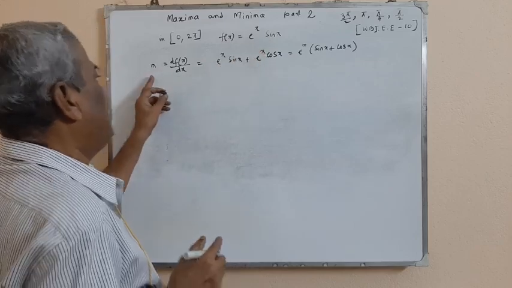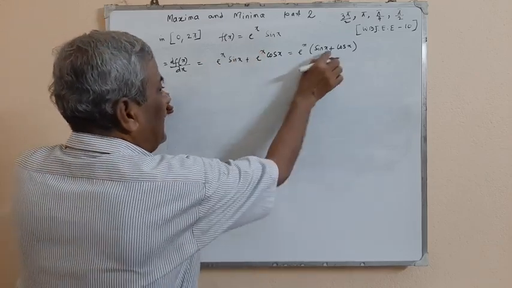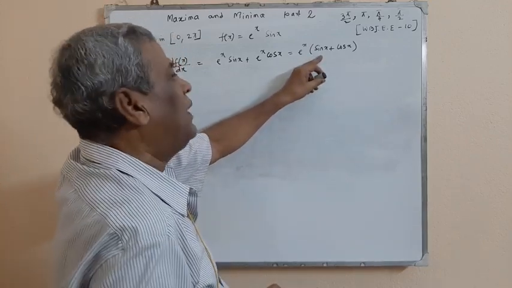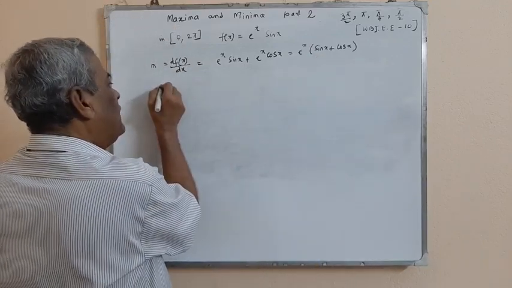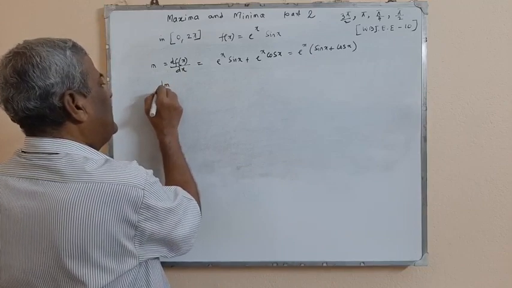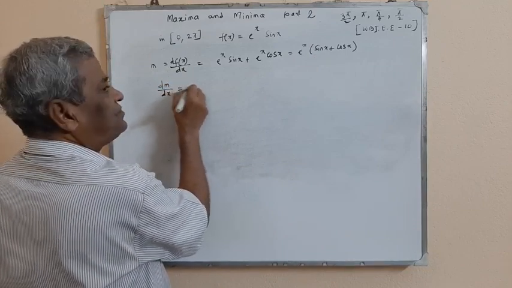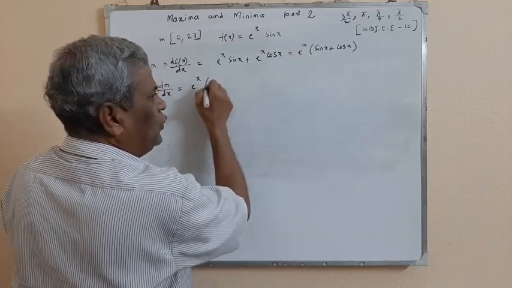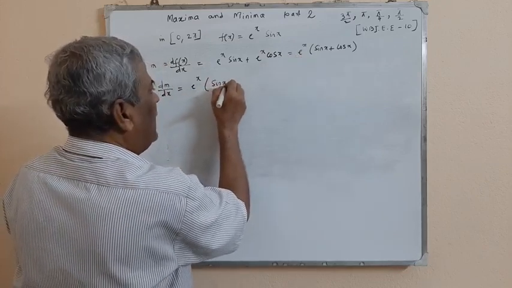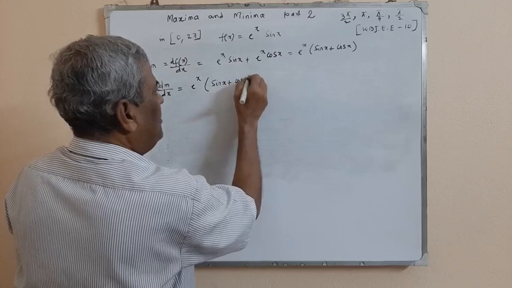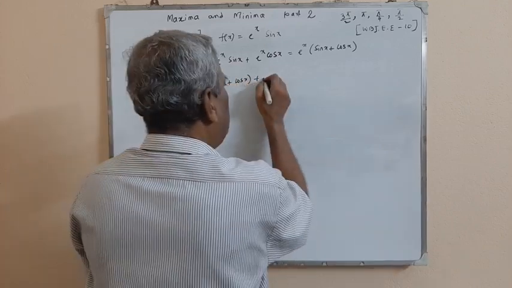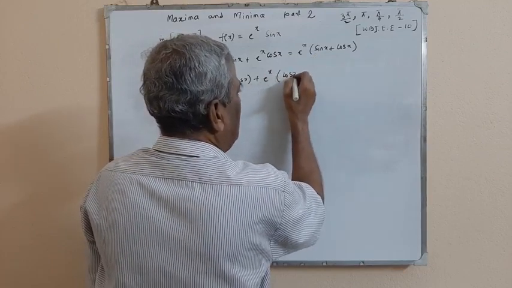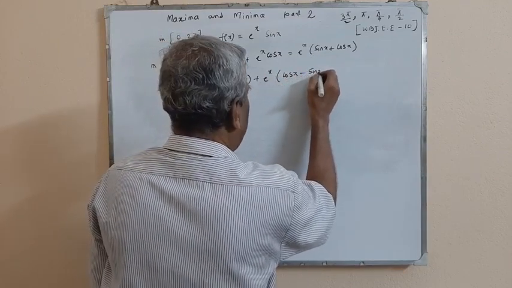Slope of the function is m is equal to that, so we have to find its maximum value. For that purpose, differentiate dm dx. It is e to the power x into sin x plus cos x, plus e to the power x into the derivative of that, cos x minus sin x.